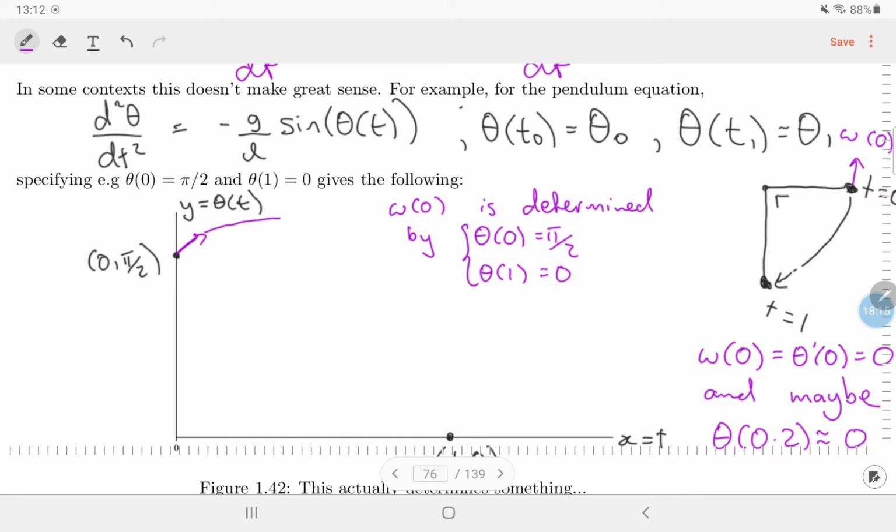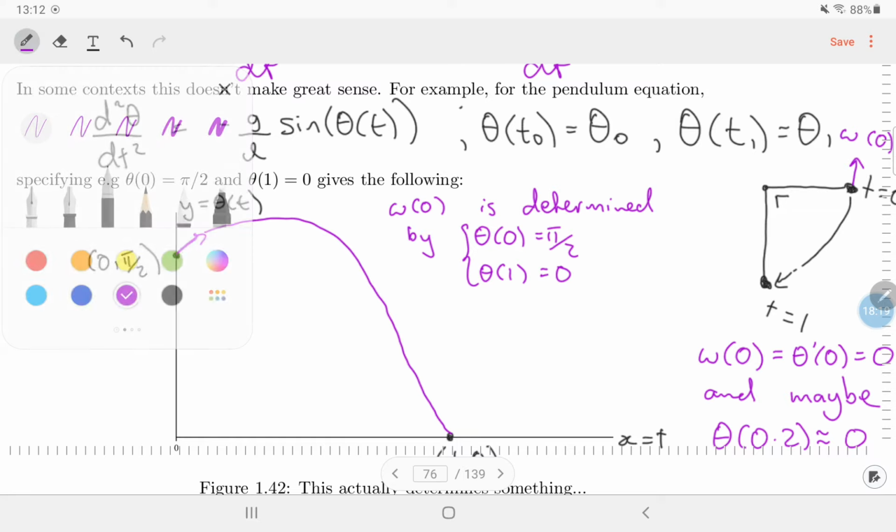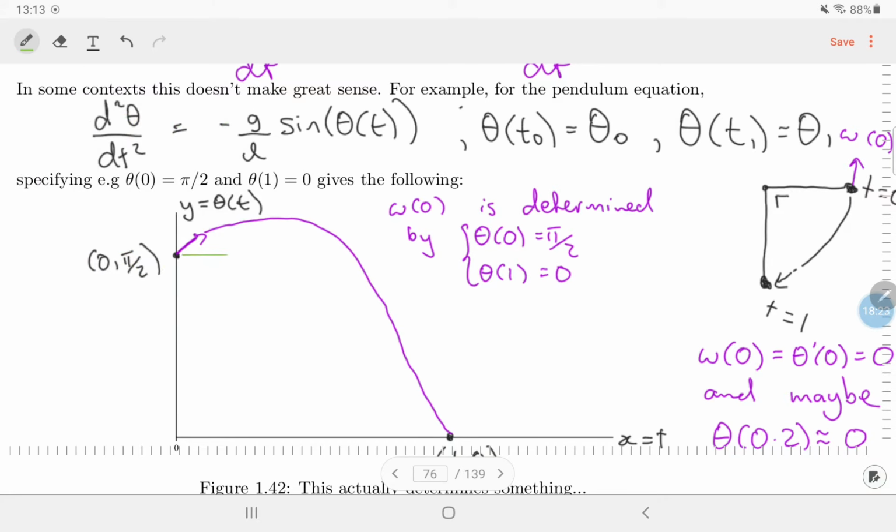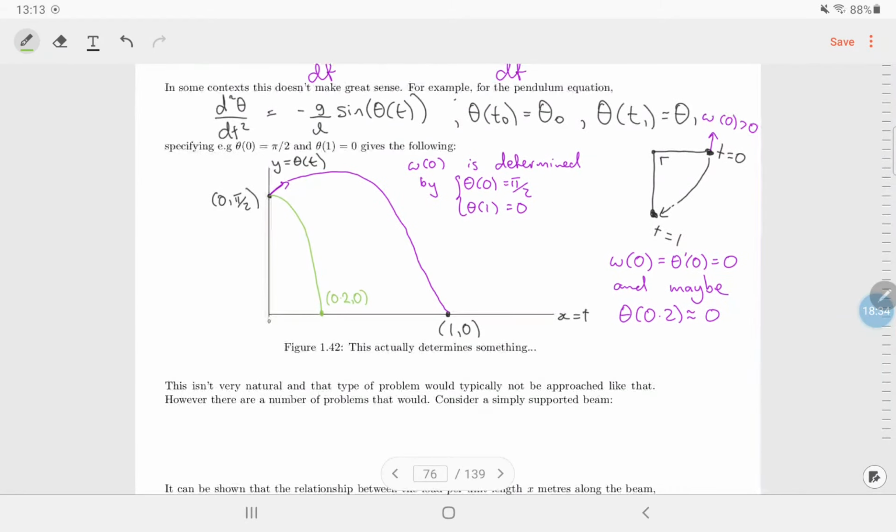So you get your solution maybe like that. I don't know exactly what it looks like. Whereas if you just let go, it closes in 0.2 seconds approximately. That's what we're saying. Okay, so hopefully that makes some kind of sense to you with the picture on the right hand side.